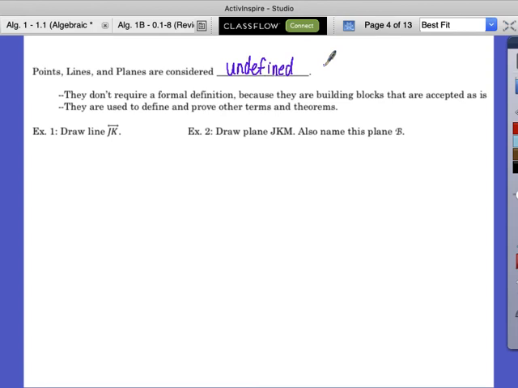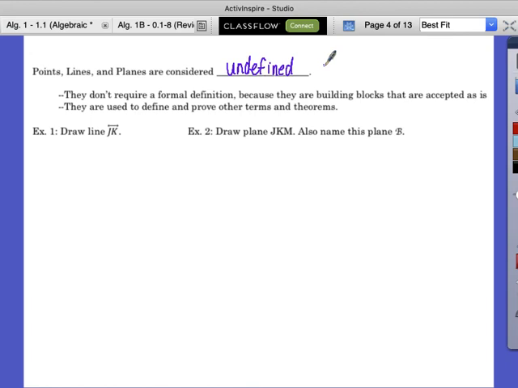It doesn't have defined measurements. Another thing with that is that these are our building blocks. These are some of the first things we're learning because they're building blocks for the rest of geometry. So we're going to take these things as well as others that we're going to learn later, and build up everything off of that. We're going to say, based upon these things we know, we can now prove these other things. We can say these other things exist.